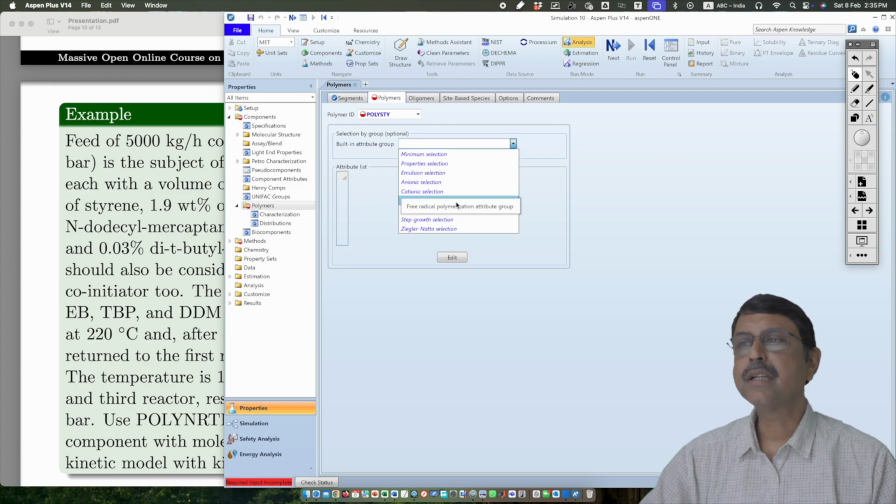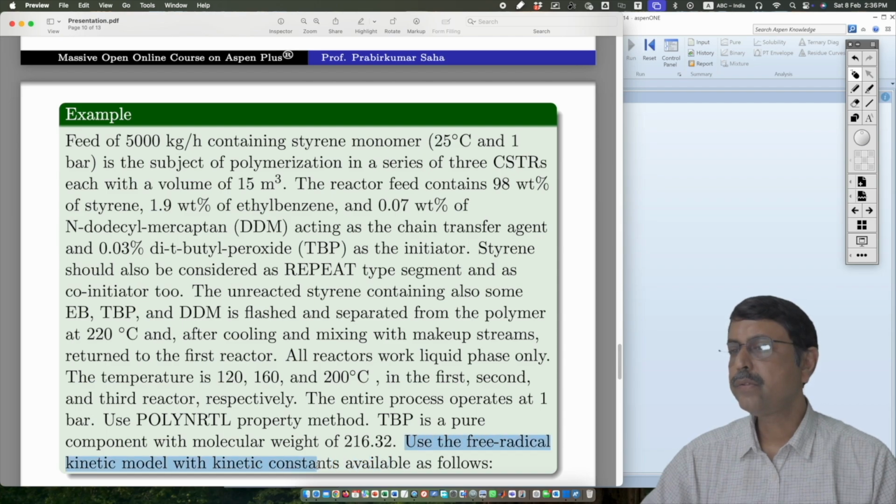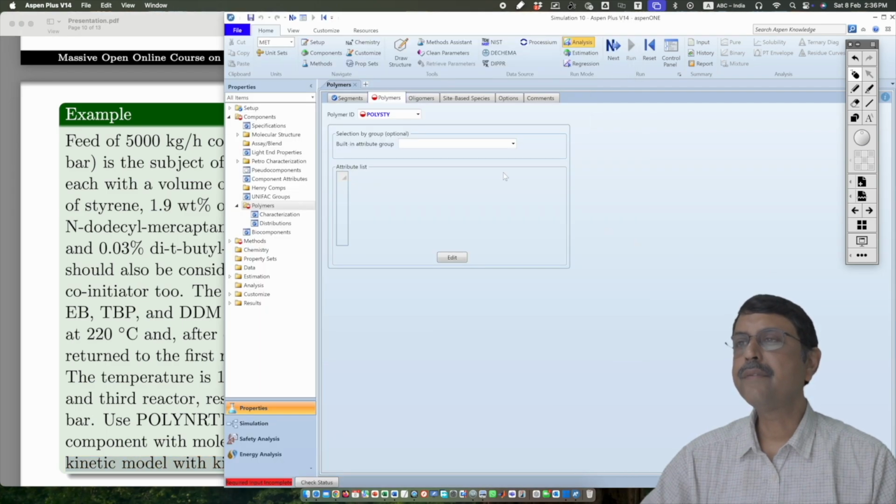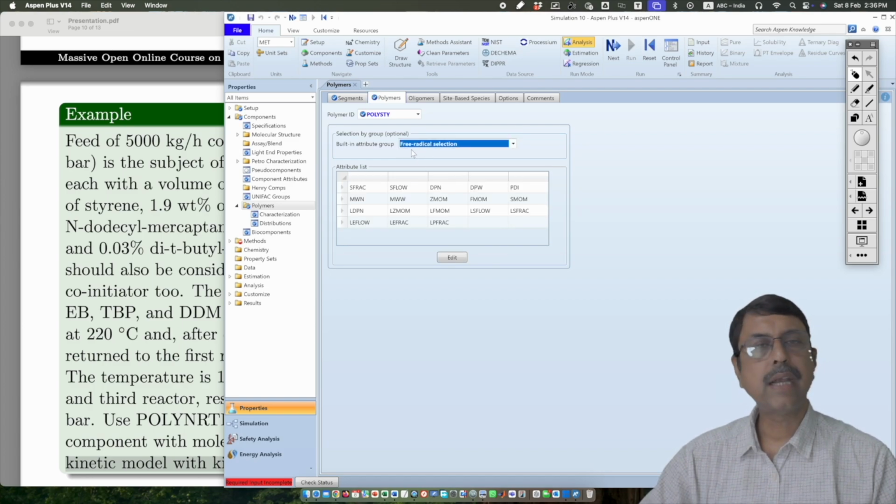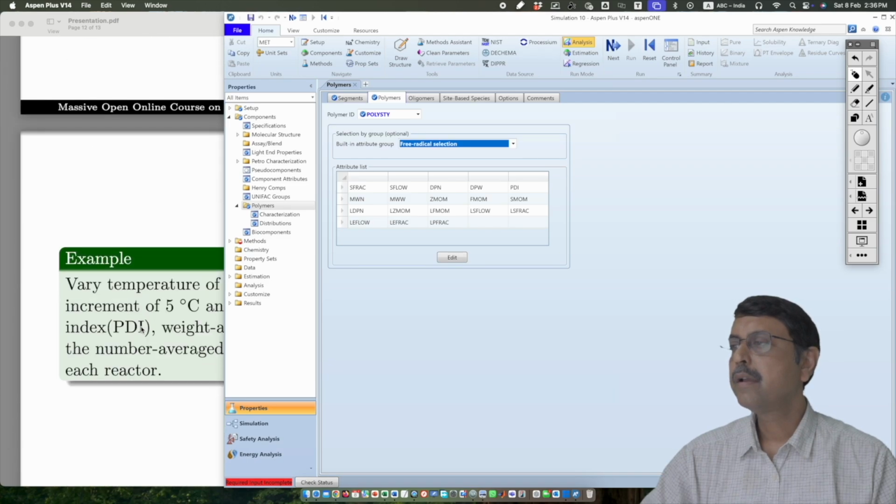free radical reaction, because in our problem we use free radical kinetic model. So we have to choose free radical selection. The moment we choose free radical selection, this attribute list will come up. What are those attribute list? This is segment fall fraction, segment flow. This one is polydispersity index. We have been asked to calculate this, right?